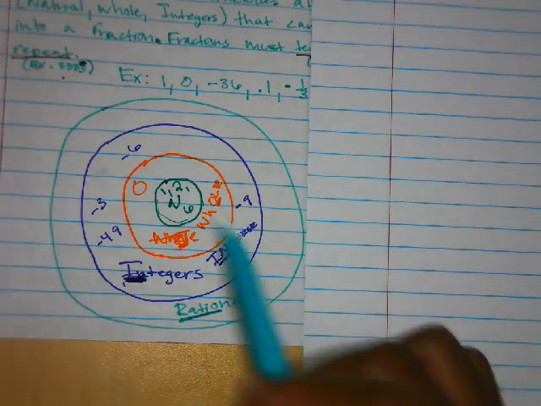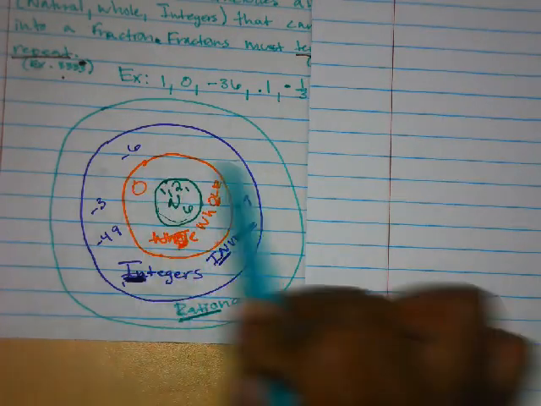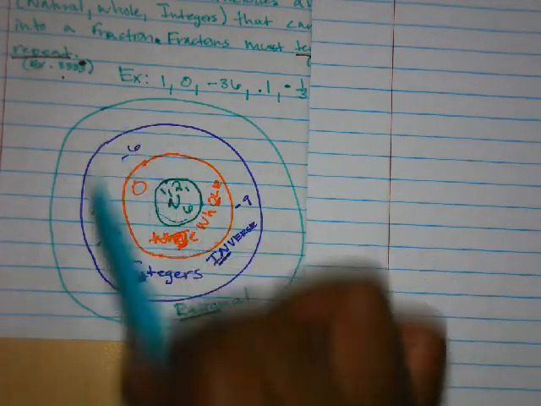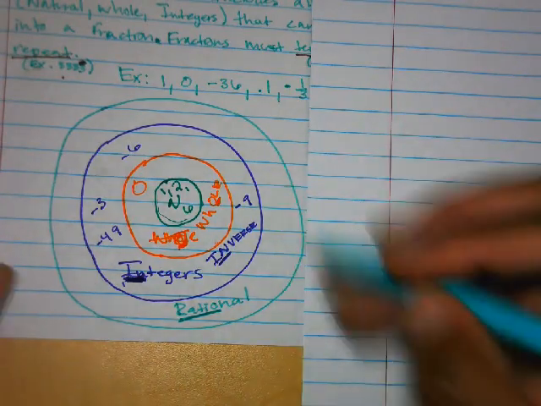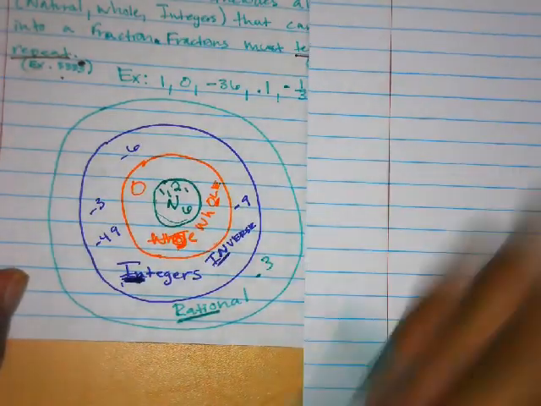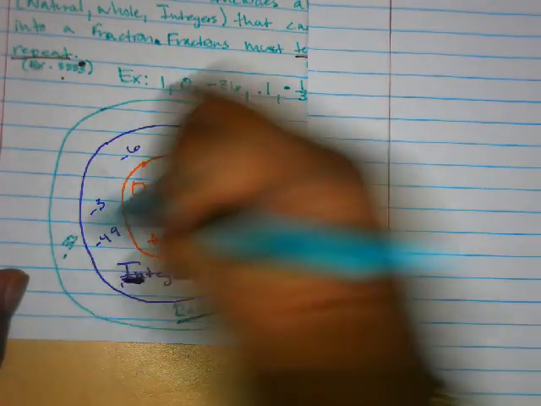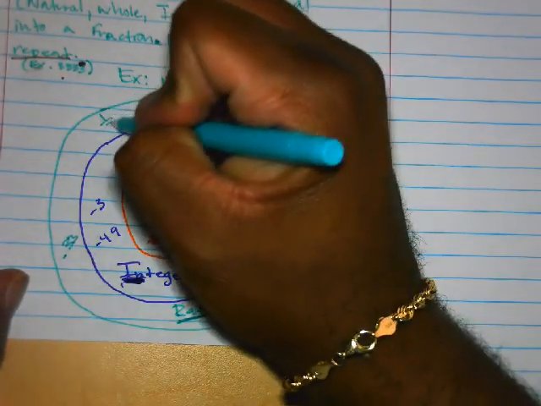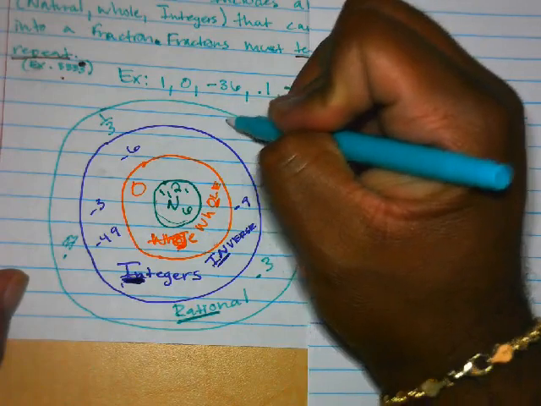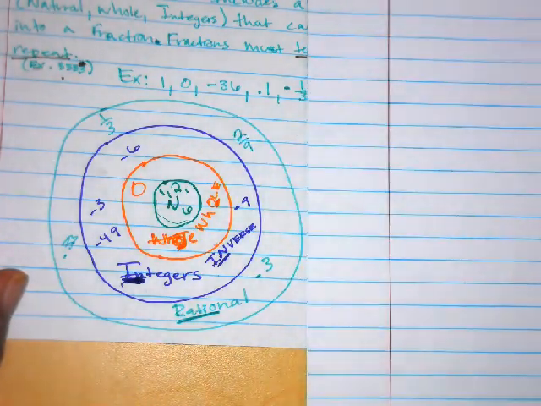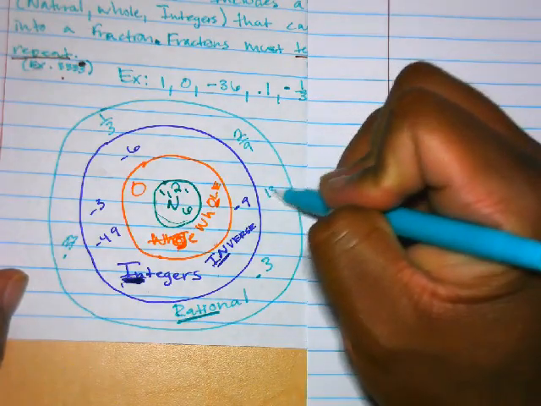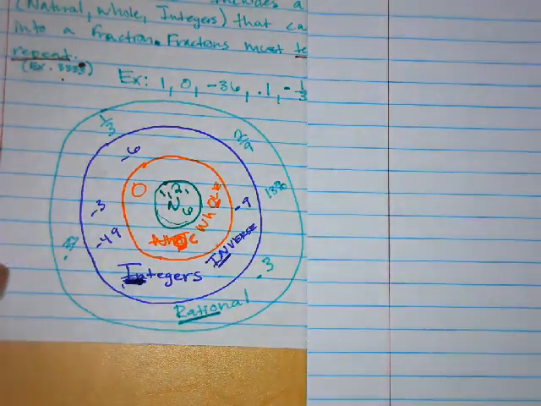But it includes all of the natural numbers, all of the whole numbers, and all of the integers. But it also adds on the numbers we don't have in here, like 0.3 or 0.33 or 1/3 or let's say 2/9 or let's say 13%.